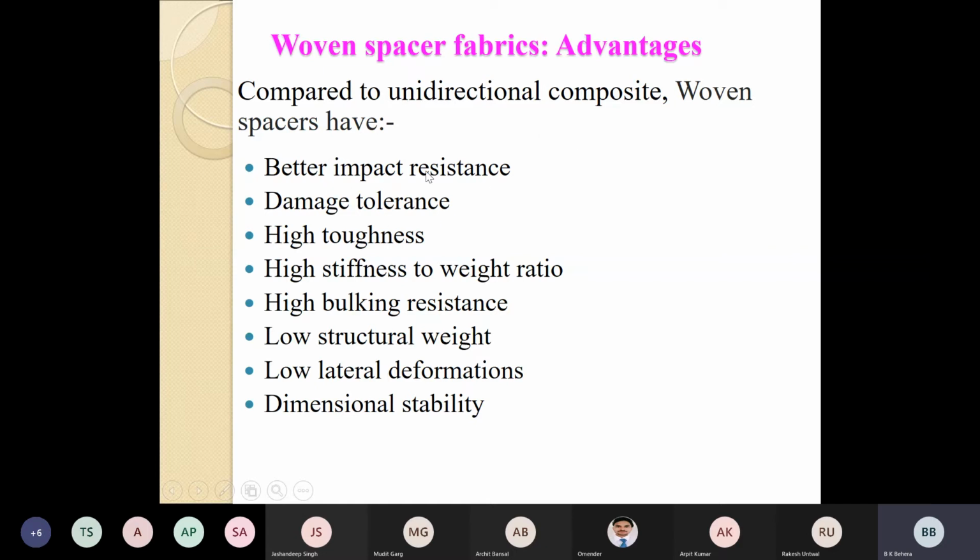They offer impact resistance, damage tolerance, high toughness, high stiffness to weight ratio, high buckling resistance, low structural weight, low lateral deformation, dimensional stability. So many mechanical properties can be obtained from composites made out of woven spacer fabrics.